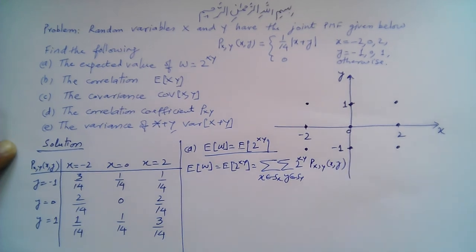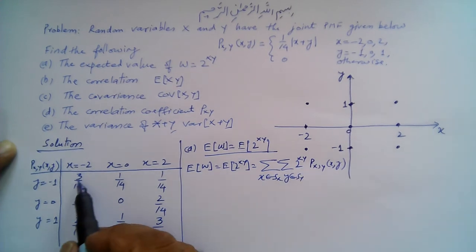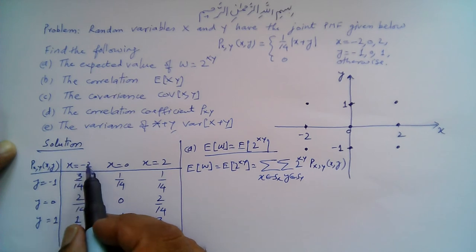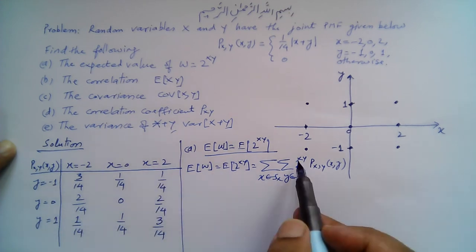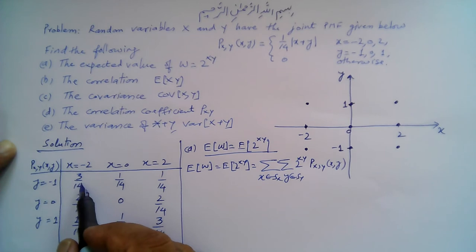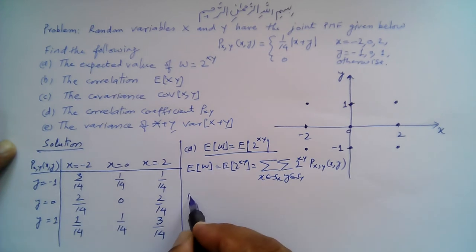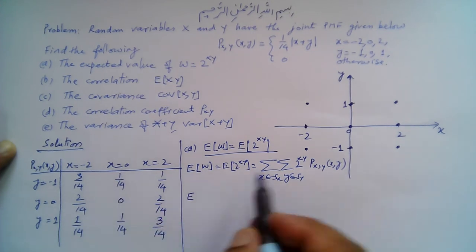So what it means is we need to compute, for example, for x equal to -2 and y equal to -1, xy will be -2 multiplied by -1, so 2 raised to the power 2, multiplied by 3 over 14. In a similar manner, we need to compute this product for all the pairs of x and y and then sum them together.